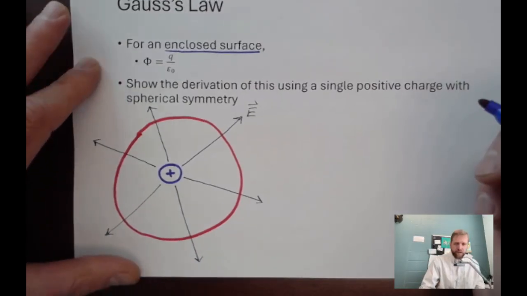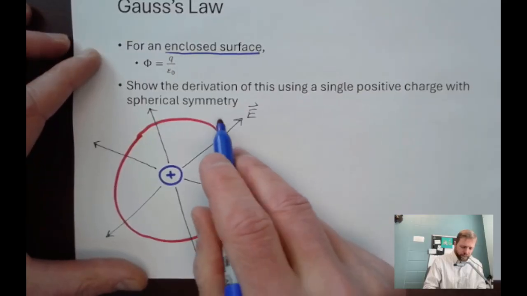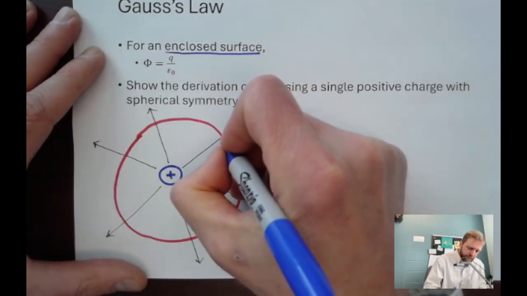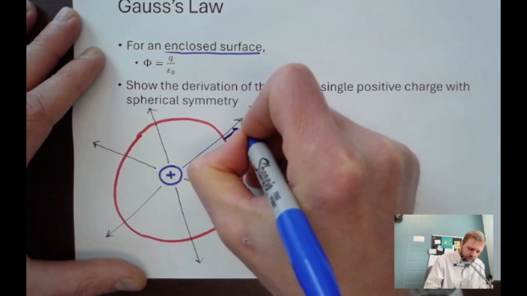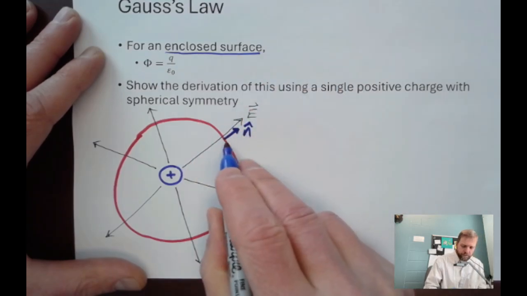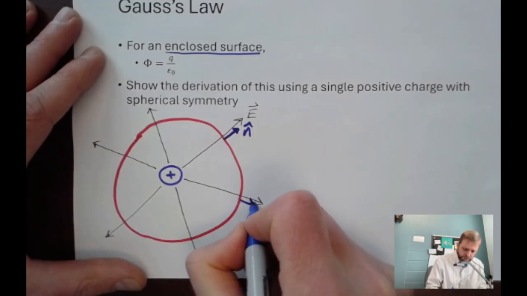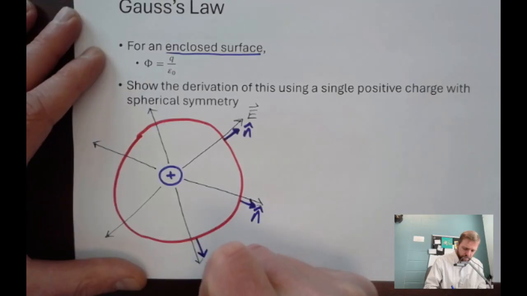And the area vectors all point, since this is an enclosed surface, they all point out, and they're perpendicular to the surface. So this would be the direction of the area vector at that location. Here, this would be the direction at this location, and so on.